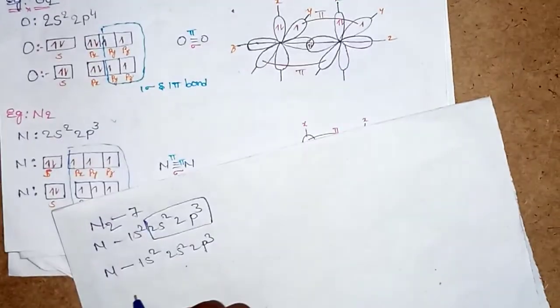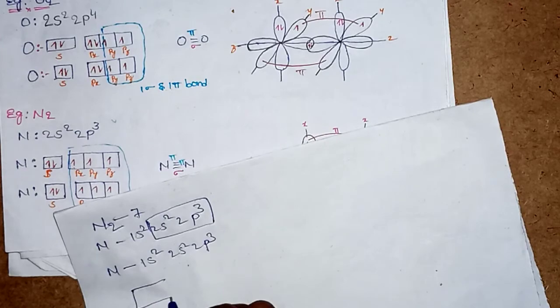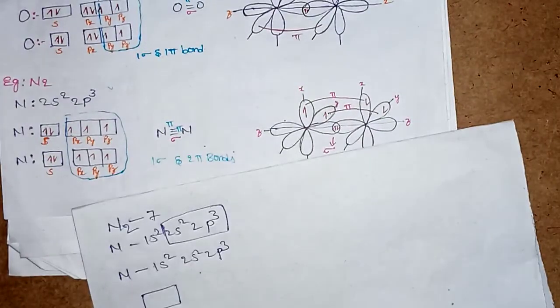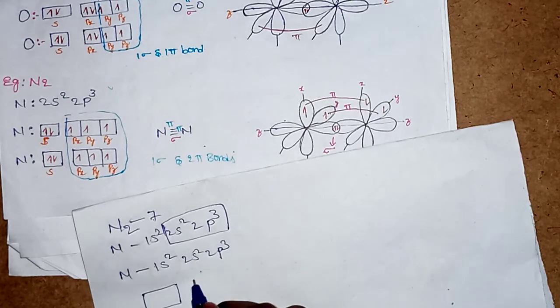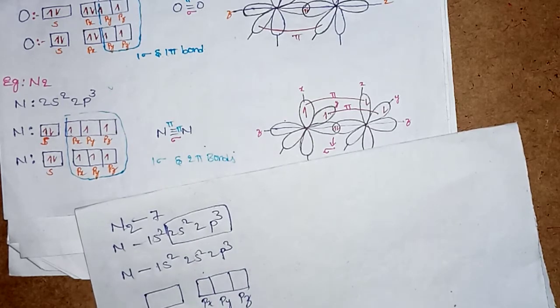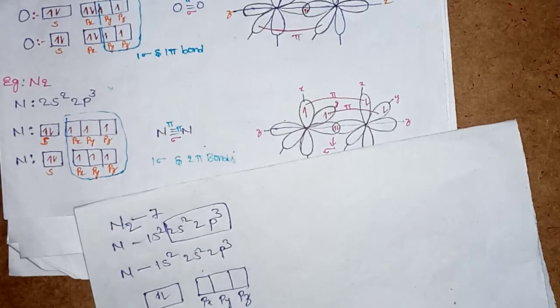Okay, we will draw the structures. So this is the 2s orbital, this is the 2p: px, py, pz. Similarly, this is a 2s orbital, this is px, this is py, this is pz.